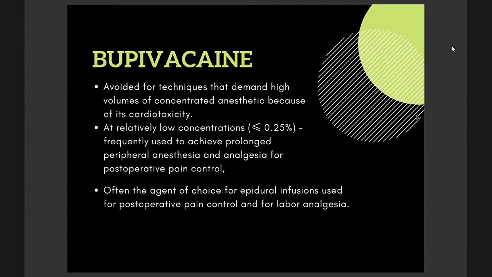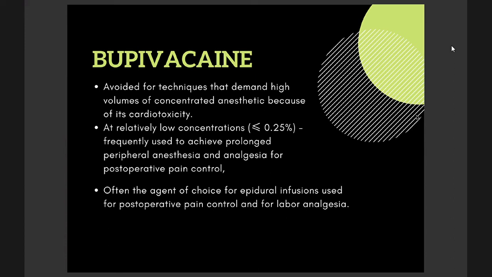But now the only available concentrations of your bupivacaine are 0.25 and 0.5%. 0.75% has been taken out from the market because of its high incidence of cardiotoxicity.